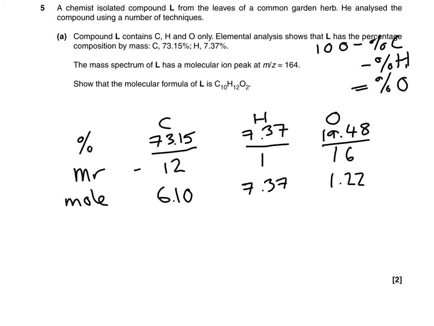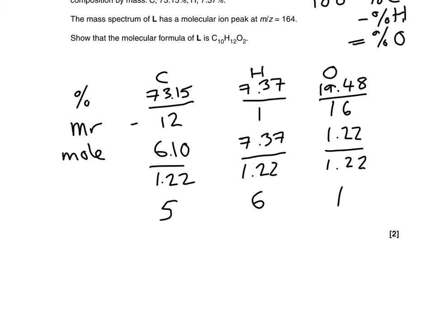To calculate the ratio, we divide all of them by the smallest one, which in this case is the oxygen. So each of these we're going to divide by 1.22, giving us 5, 6 and 1.